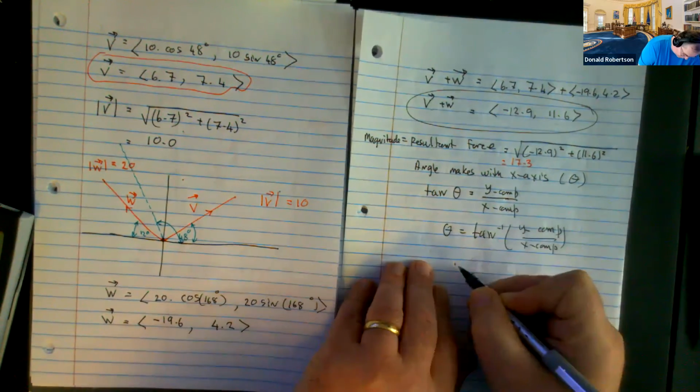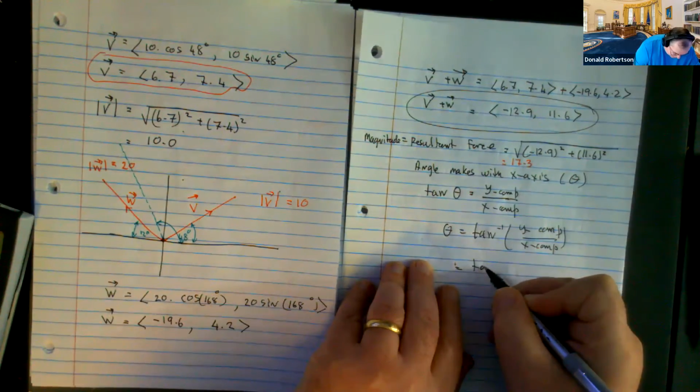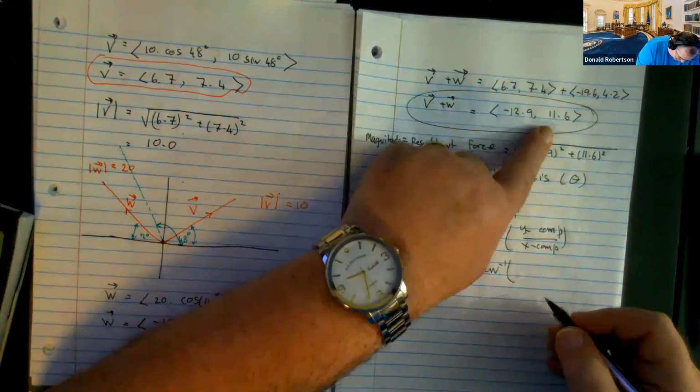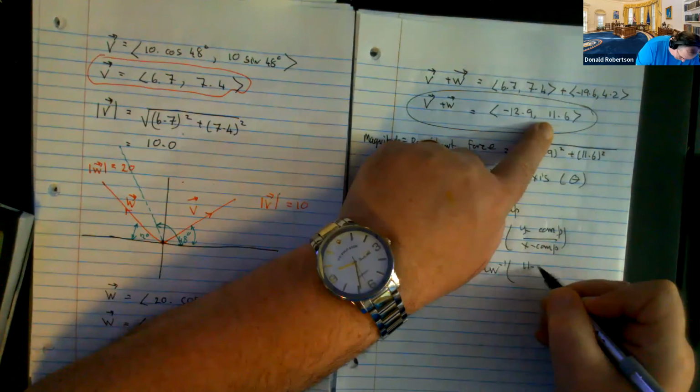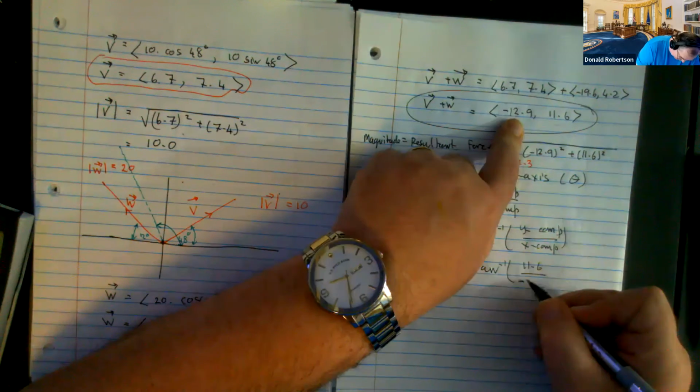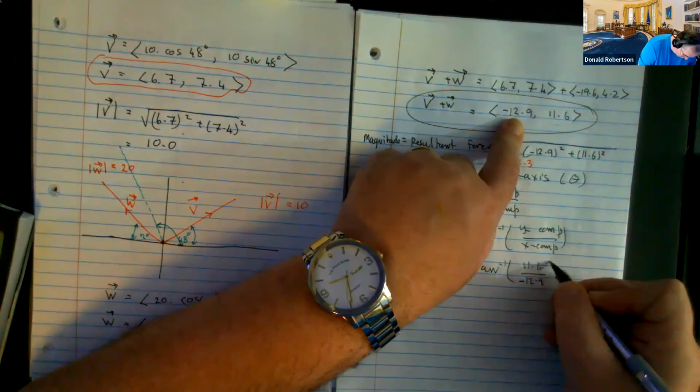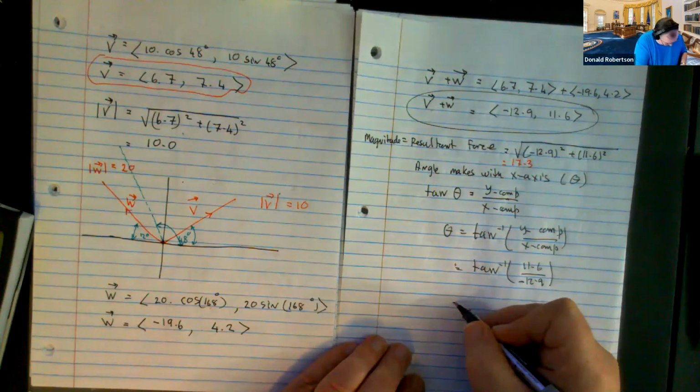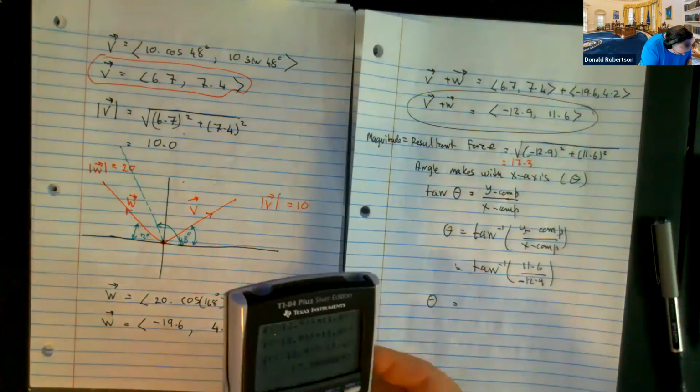So I'm going to go inverse tan of 11.6 divided by negative 12.9, and do not be surprised about the weird answer, because negatives very often give weird answers.